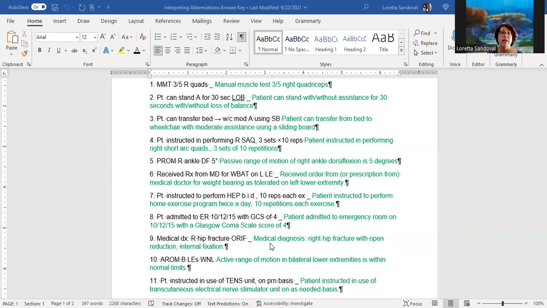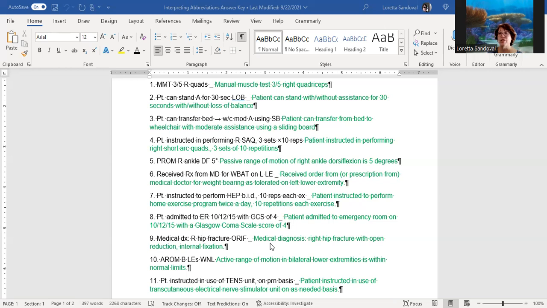AROM, BLEs, WNL. Most people got that. Active range of motion in bilateral lower extremities is within normal limits. The other one you'll see is WFL, within functional limits. So within a therapy setting, AROM and PROM are commonly used. If you're dictating, though, it's a lot harder for the dictation software to understand what you're saying when you say AROM.